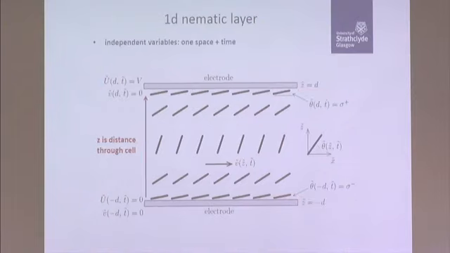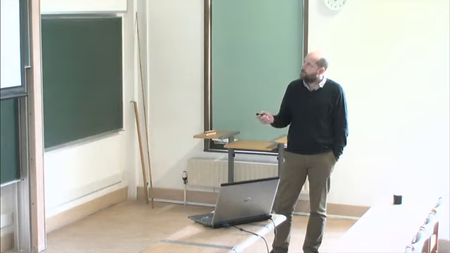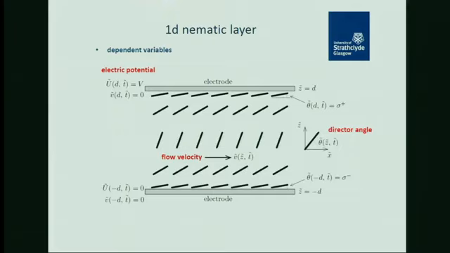Okay, so in terms of independent variables, I've got one spatial dimension. I assume everything's homogeneous in the other spatial dimensions, the transverse directions x and y, and everything depends on time as well. The dependent variables I'm going to look at are the director angle, this angle theta from the x-axis, the flow velocity, which is just an x direction velocity, v, and the electric potential.